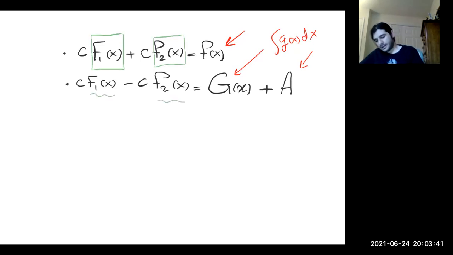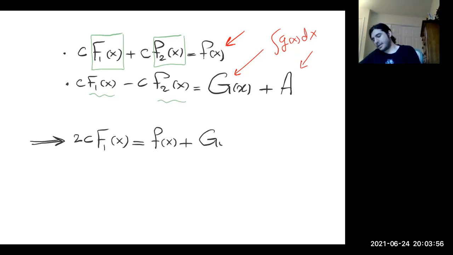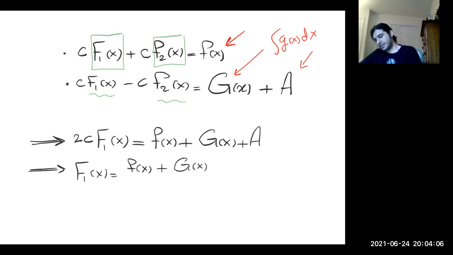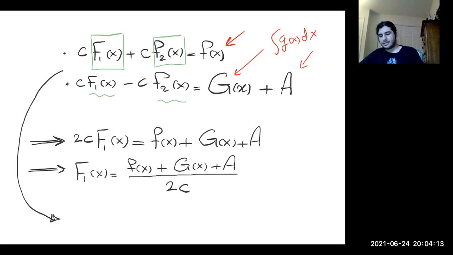Well, simply we can add these two equations. We can look at their sum, right? So 2c f1 of x, since f2 would cancel in the two equations, would be equal to f of x plus G(x) plus a. And therefore, f1 of x is equal to f of x plus G(x) plus a, over 2c. Then we can subtract these equations to find f2.